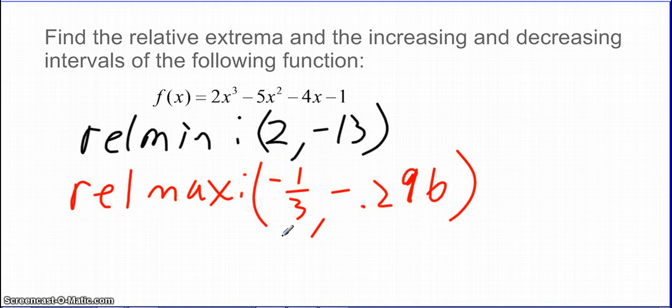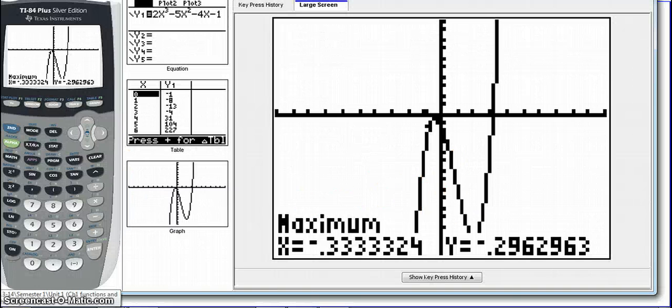Okay, so then find the extrema and the increasing and decreasing intervals. Well, I want to find the increasing and decreasing intervals. I can look at the function, I can see it's increasing up to the maximum, then it's decreasing, and then increasing to infinity. It has a domain of all real numbers.